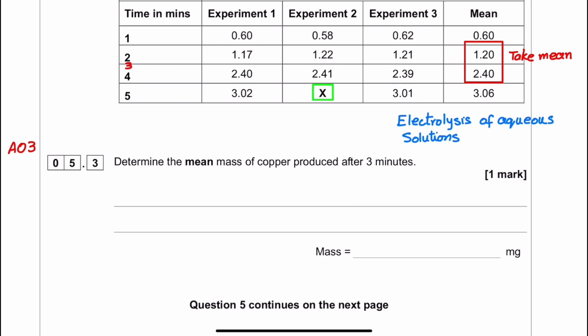So we will take the mean value, that is 1.20 plus 2.40 divided by 2, and that is 1.8 milligram of copper produced after 3 minutes. The correct answer is 1.8.